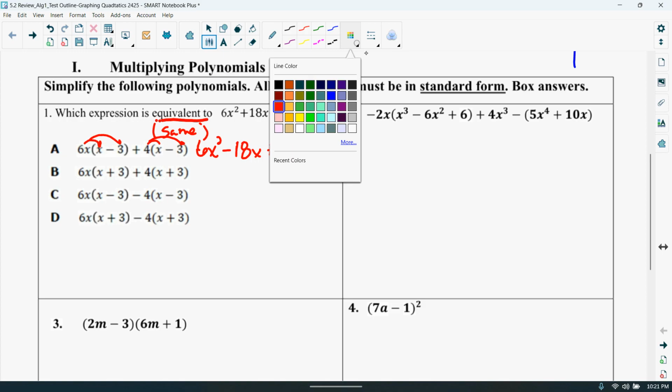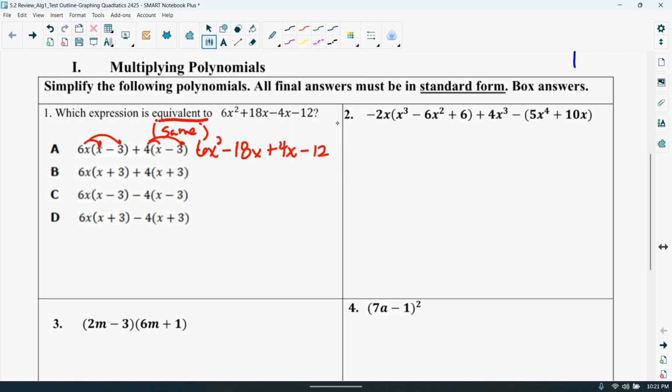Right off the bat, equivalent wanted to be the same as this expression, and in this expression we have a plus 18x, and that's a minus 18x, so that does not work.